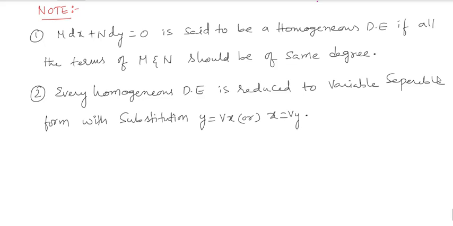These are the two substitutions which you have to keep in your mind. See, y is equal to vx, I can substitute directly, and the other one will be x is equal to vy. So these are the two substitutions you can make. Clear now? Right?